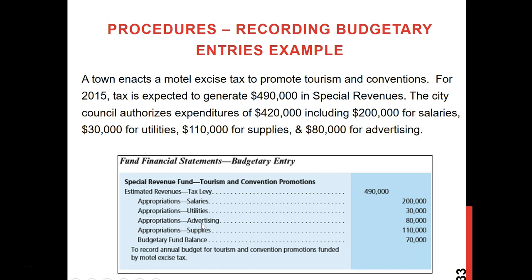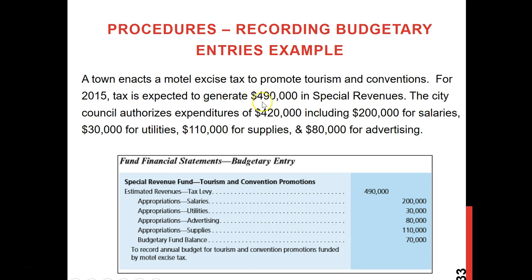That means they are expecting to receive this much, and the credit items show how they are spending these amounts: salaries, utilities, supplies, advertising, and then they are expecting to have 70,000 as a balance, which they will also show as a budgetary fund balance credit.